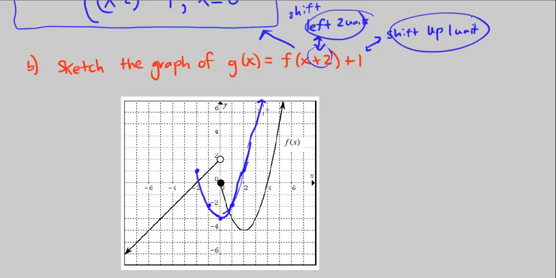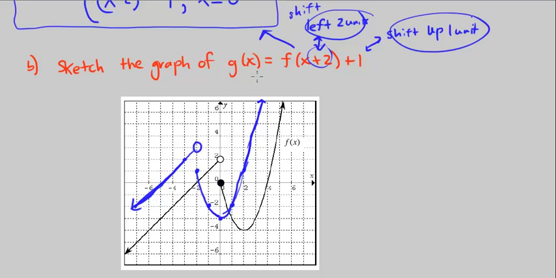Okay, I'm not drawing it too perfect. And then here, this point moves left 2, up 1, but it's an open circle there. And every other point moves left 2, up 1. And here it's taking shape. Remember, it's just a line.